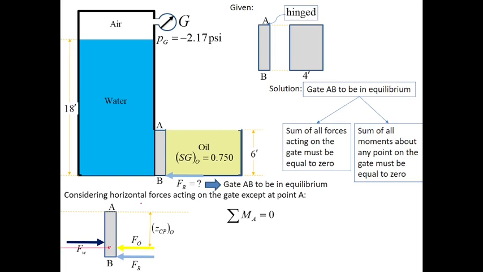This is the center of pressure with respect to oil, where the hydrostatic force due to oil is acting. Therefore, if this is the center of pressure for oil, this is now the distance ZCP for oil.